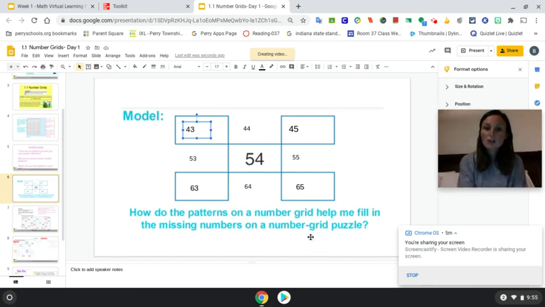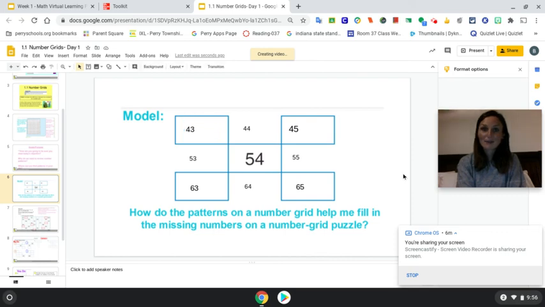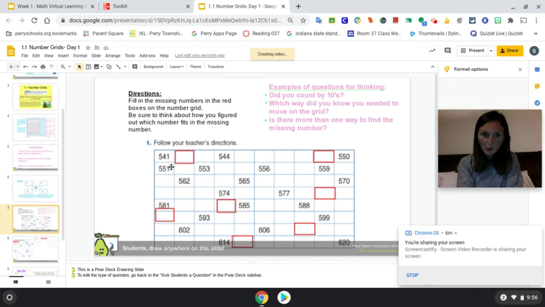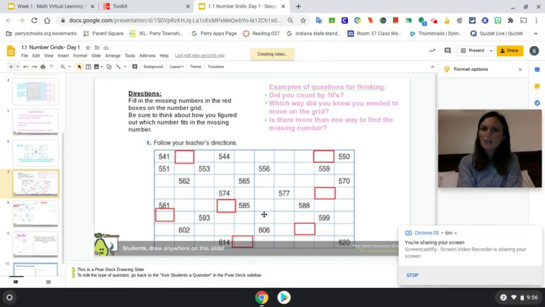So these patterns on a number grid, going up and down by tens, side to side by ones, helped me know that my answers are correct. That's what I want you to do when you go here. I want you to think of those patterns and fill in wherever it has a red blank spot. This is going to be similar to what you would do tomorrow. Here, I'm not asking you to find the difference between them.